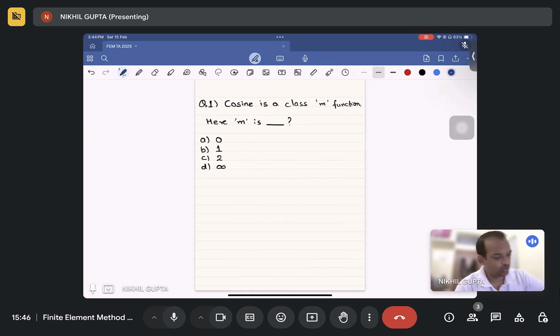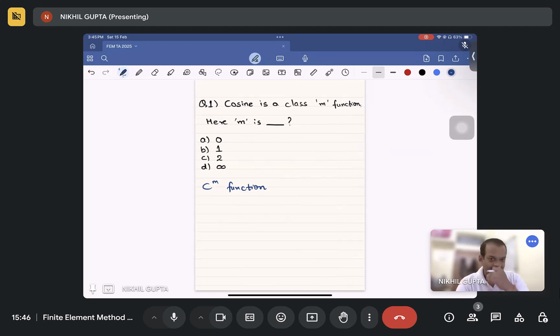So this is the cosine function. You have to guess which class C^m the function belongs to, which is the m. Before this, I'll give you a little bit of theory. Can you tell me the meaning of a C^m function?